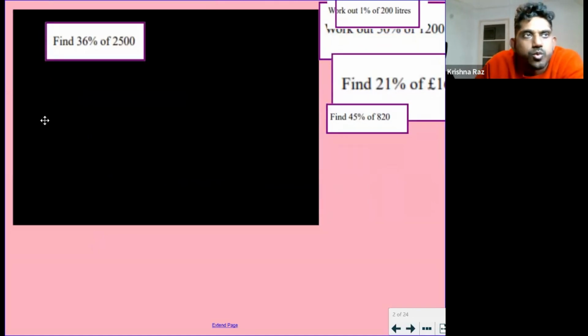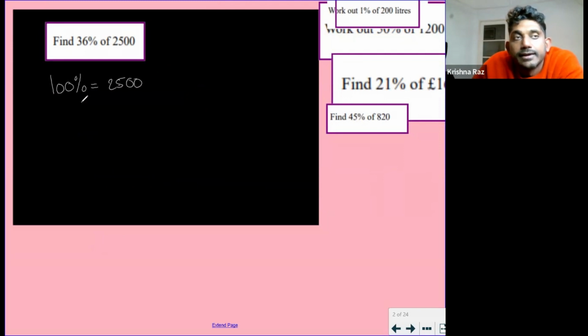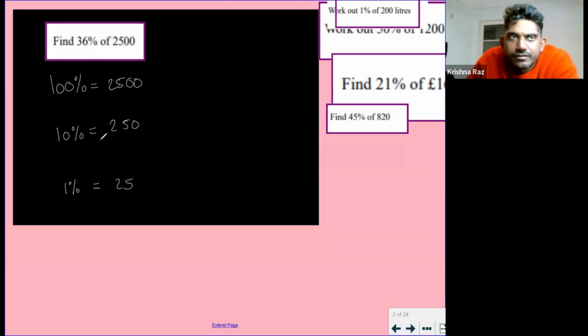36% of 2,500. So what we have is 100% equals 2,500. Let's get 10%. So that'll be 250, and 1% will be 25. By halving 10%, I'll get 5%.